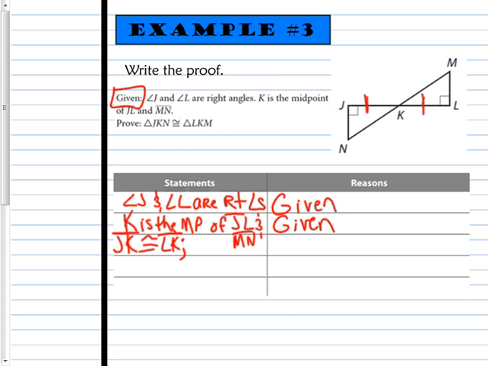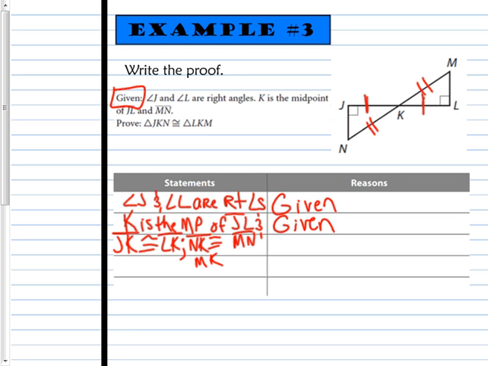But we also know that K is the midpoint of MN, which means that NK is also congruent to MK. Okay, so K is cutting MN in half as well. So we'd also say NK is congruent to MK.